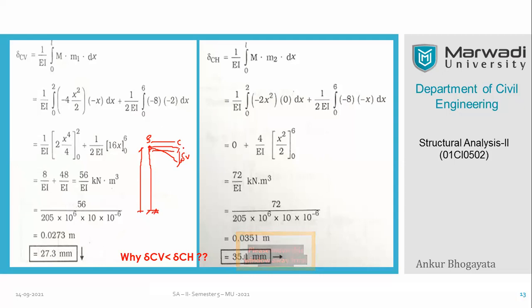When you consider a horizontal force like this, not only the segment CB, but the entire structure will see the deflection like this. Again, I'm drawing here just to explain the overall behavior.